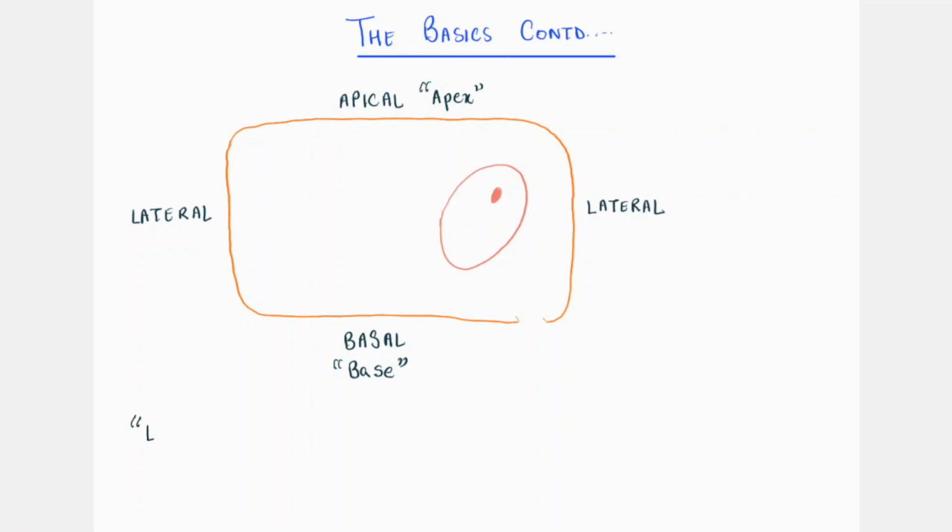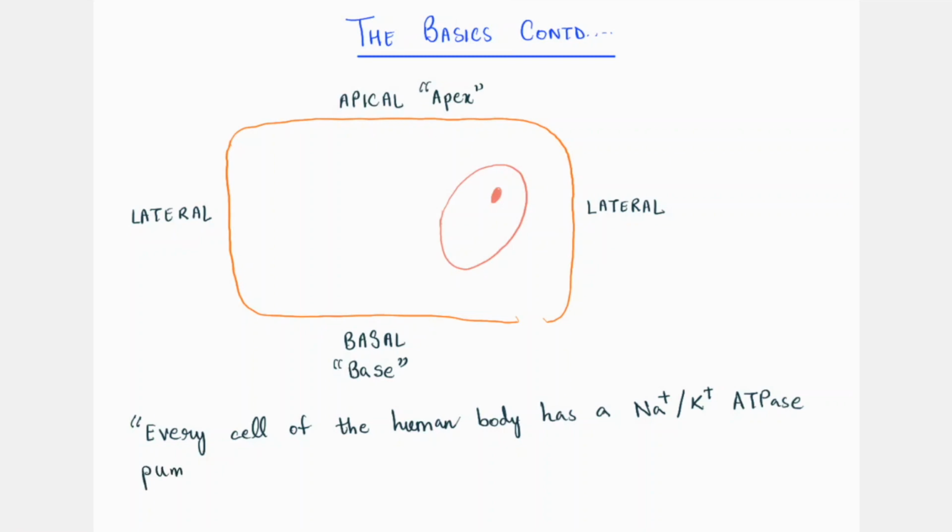Every cell of the human body has a sodium potassium ATPase pump on its basolateral membrane.